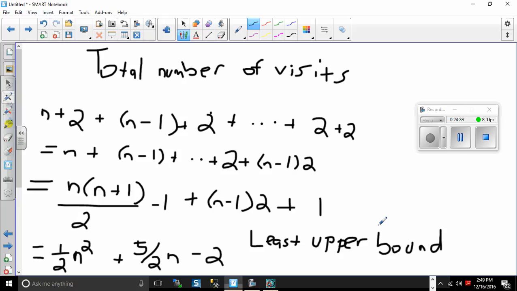What this formula tells you is that you don't need to exceed the output of this function for the number of visits required to sort an array of size n. So how do we interpret this information?